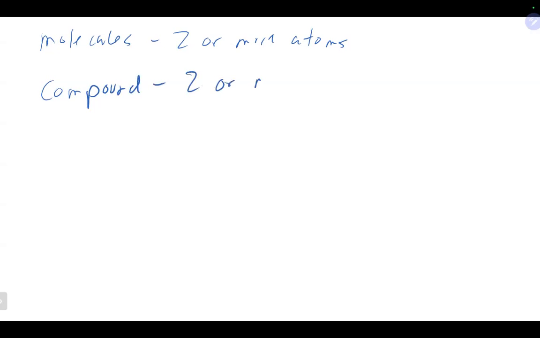So let's talk a little about those things. We just talked about molecules, which again are two or more atoms together. A compound, on the other hand, is two or more atoms of different elements.